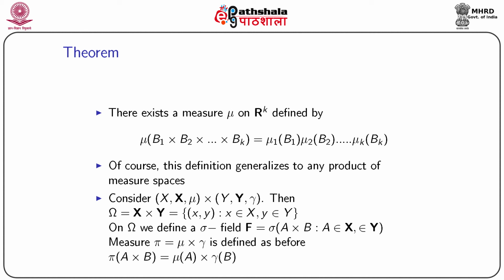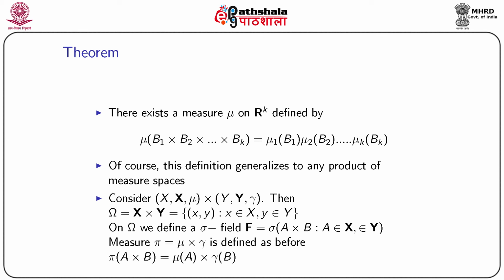So we have a theorem that there exists a measure mu on Rk, the k-dimensional real line, defined by mu(B1 times B2 times ... times Bk) = mu1(B1) mu2(B2) ... mu_k(Bk). Of course, this definition generalizes to any product of measure spaces.